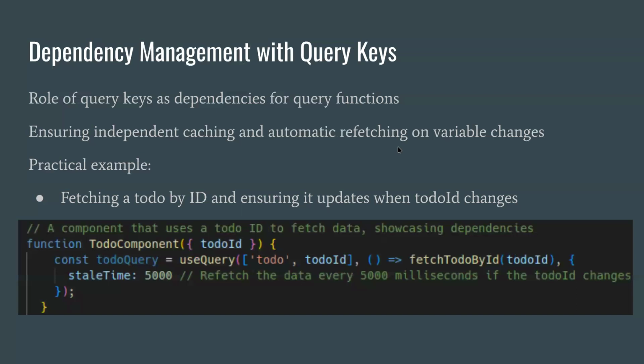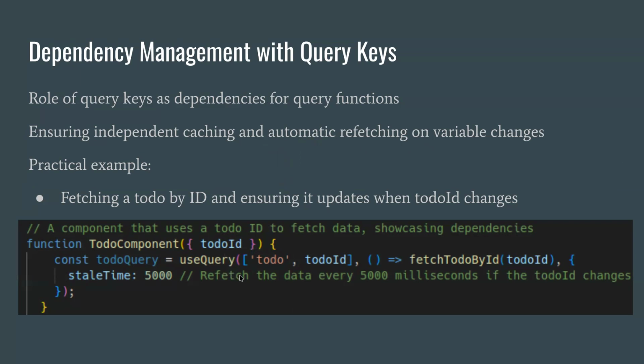By including any variables your data fetching function depends on within your query key, you ensure that the cache is updated automatically whenever these variables change, and this automatic refetching based on dependency changes is important for maintaining fresh and relevant data in your application.